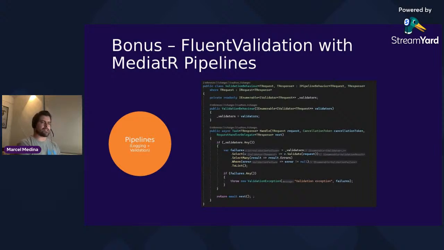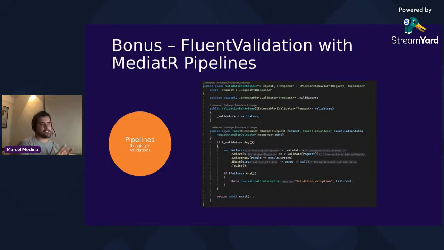One of the topics with MediatR is that we have pipelines. With those pipelines, we can hook some validations. In this particular scenario, because we're hooking up Fluent Validation, I'm leveraging a validation behavior that the library provides.